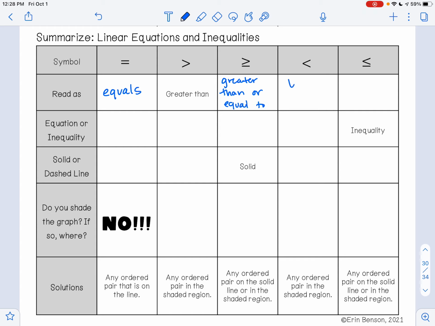This next symbol is less than, and then less than or equal to. And then we want to know if each of these symbols are an equation or an inequality. Well, when you have equals, that's an equation. And everything else we have here is an inequality.